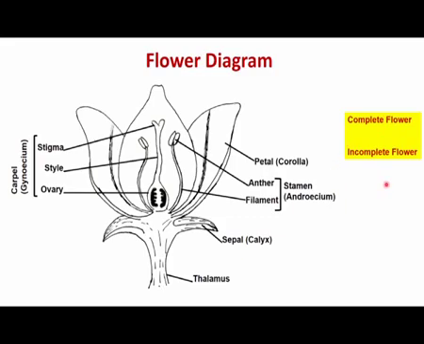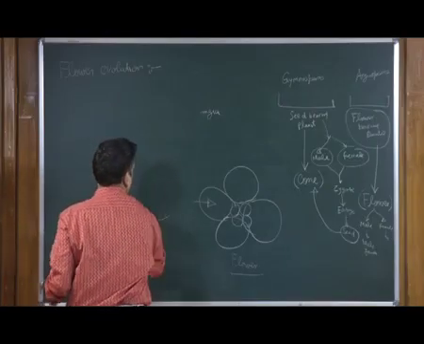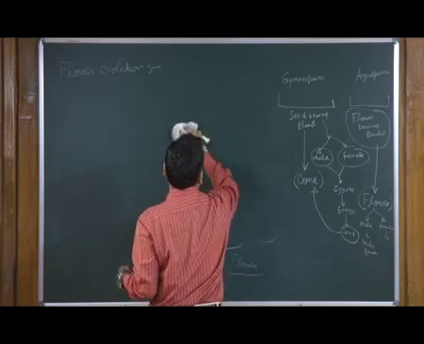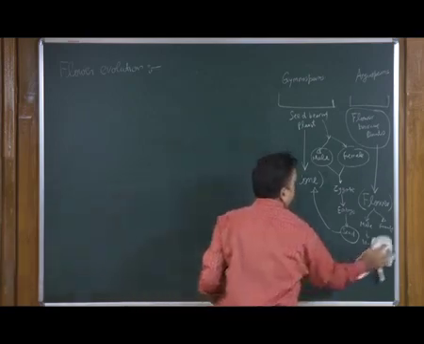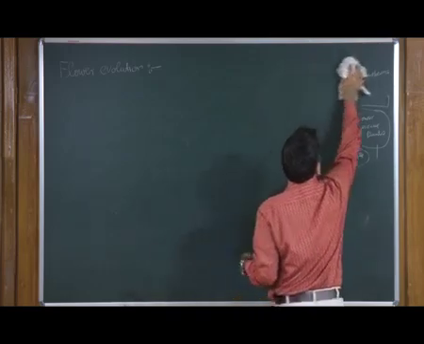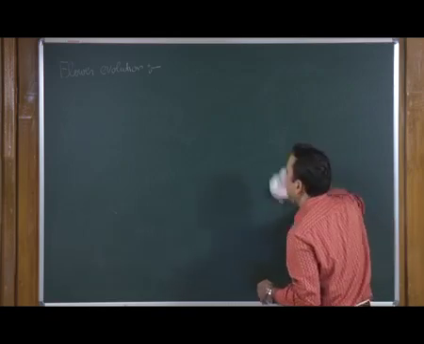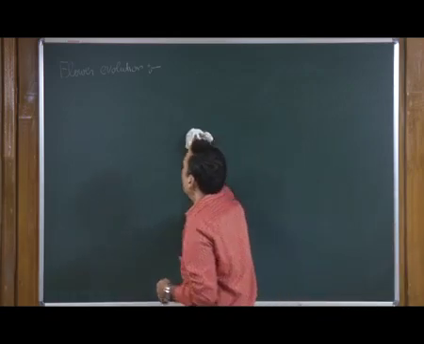In addition to that, the flowers could be of 2 different types. One is called the male flower or the female flower, depending on whether they contain only the male sex organ or the female sex organ, but the flower could be bisexual in nature as well.